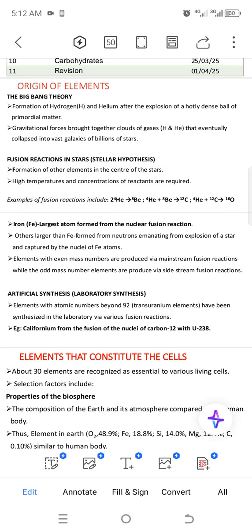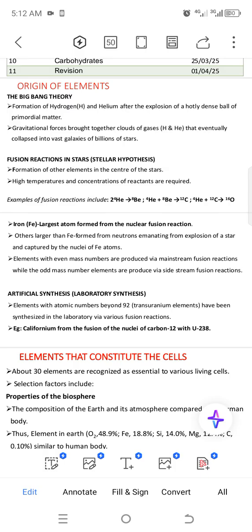So in the Big Bang theory, what you just have to note is that hydrogen and helium were derived from it, and they were gained after the explosion of a hotly dense ball of what?